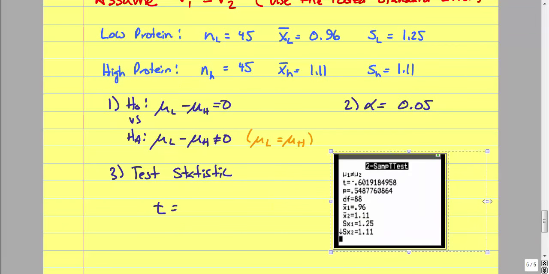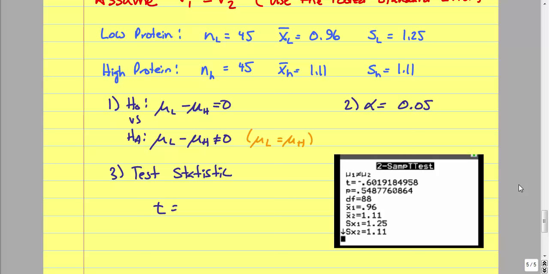So for this case, it looks like my t is this value right here. This is my test statistic. It's negative 0.6019. And again, that's my test statistic. And you can go through and calculate that by hand as well.